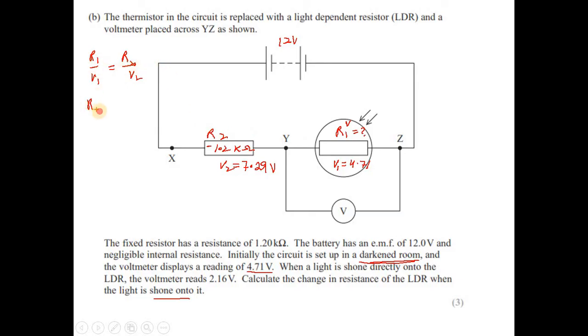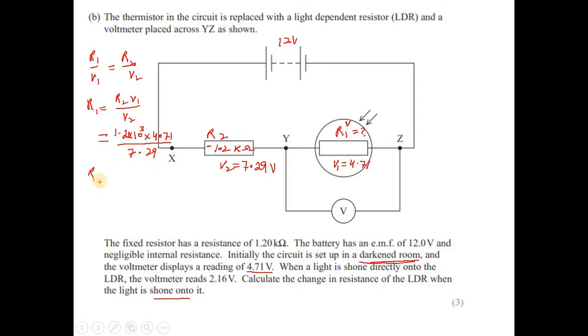So R1 would be equal to R2 V1 divided by V2. R2 is 1.2 into 10 to the power 3 because kilo ohm, and V1 is 4.71, divided by V2, which we found is 7.29.